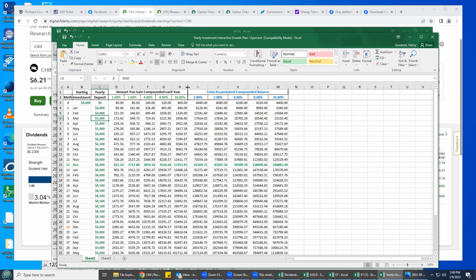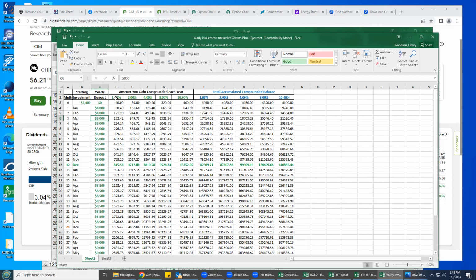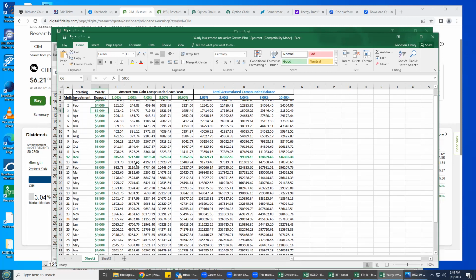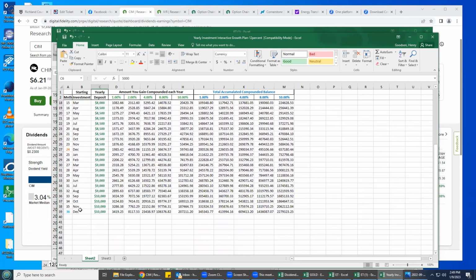I wanted to show you what the difference between 1% a month, which is 12%, and 2% a month is 24%. Yeah, this ain't the sheet here.